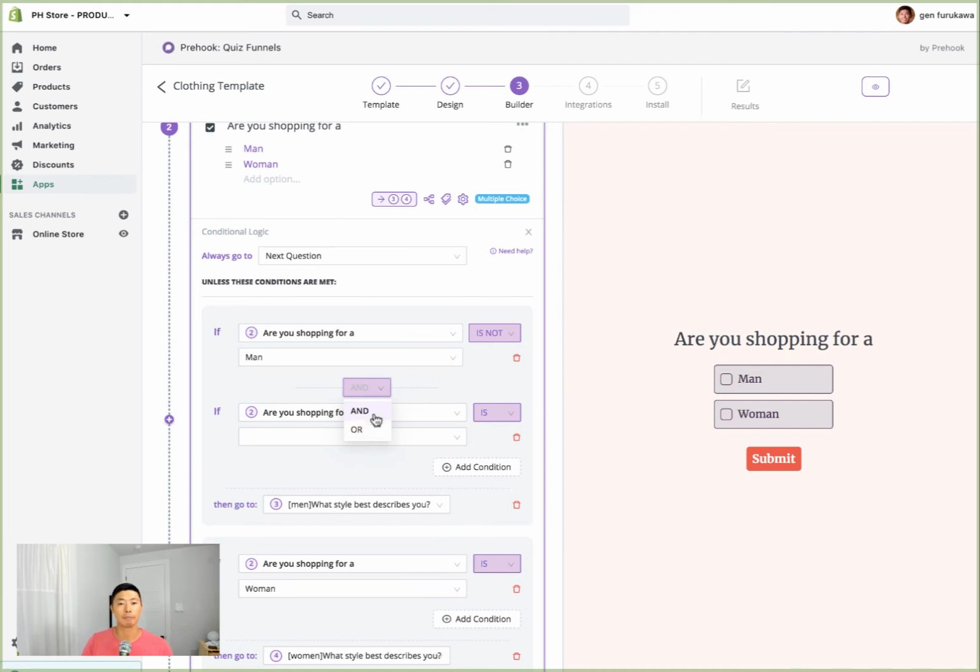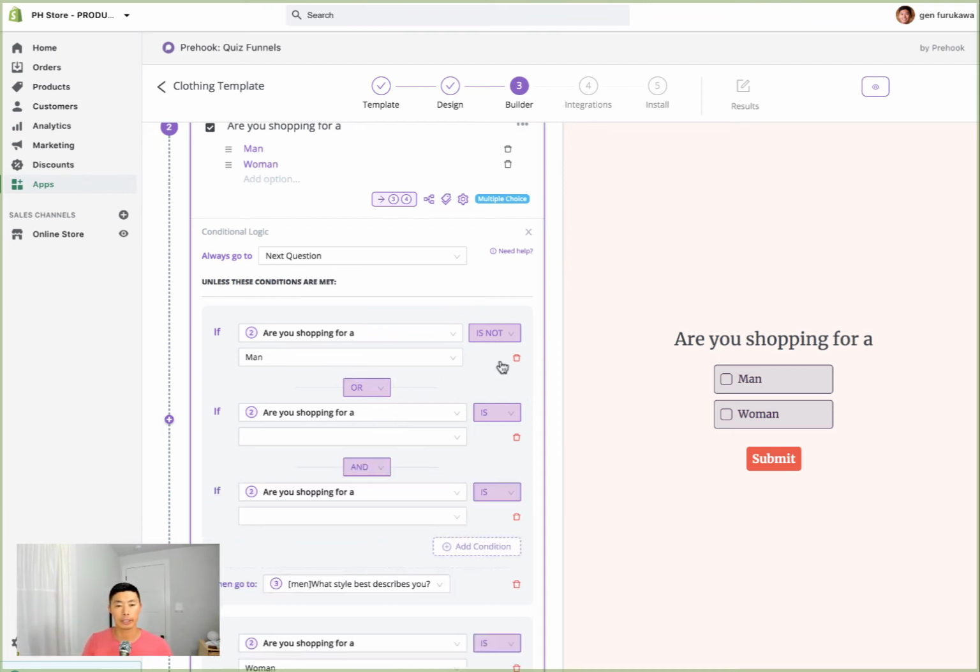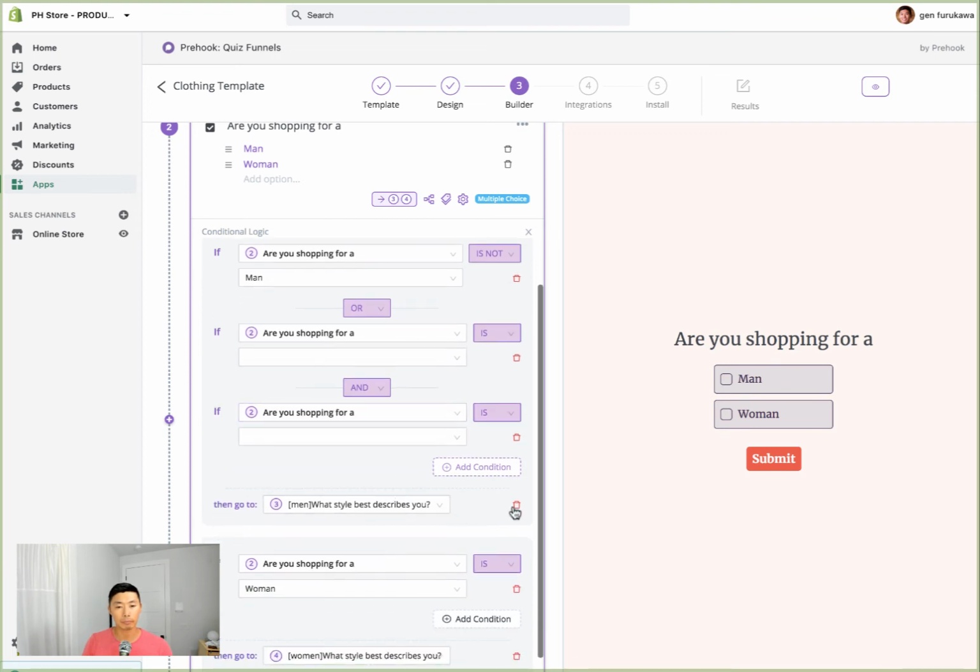So and means that man and this, so they have to be both. Or you could do the or, which is they could be a man or a woman, and then you would go to the question that you choose. And you can certainly layer on different conditions. So as you can see, it can get very layered and nuanced, but it's basically if-then logic.